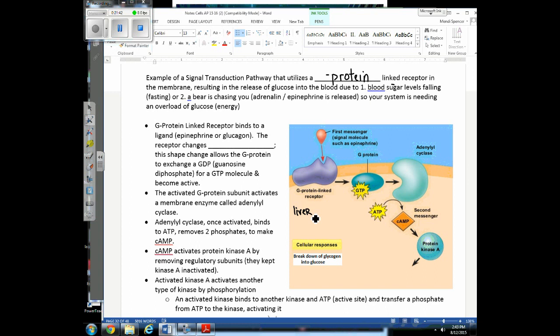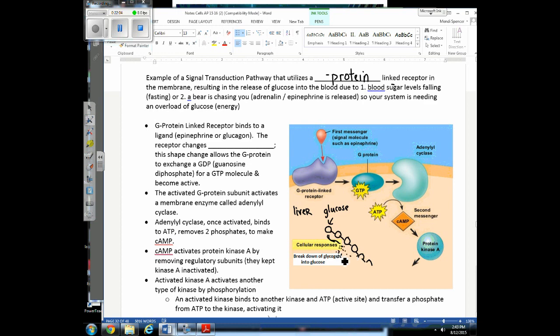So if this is a liver cell, then there are going to be glycogen molecules stored inside. Glycogen is made of glucose subunits, so let's label those subunits glucose. And the entire molecule, if you want to indicate that, is glycogen.